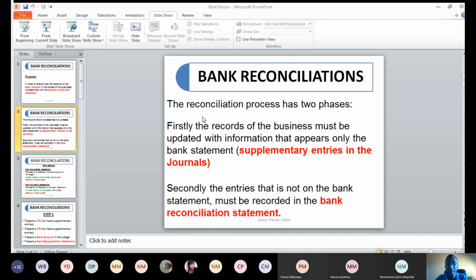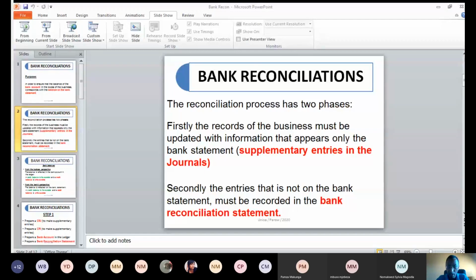So when we speak about the bank reconciliation process, we have two phases. Firstly, we take a look at what is recorded in the business's records. And then we take a look at what information is recorded on the bank statement.